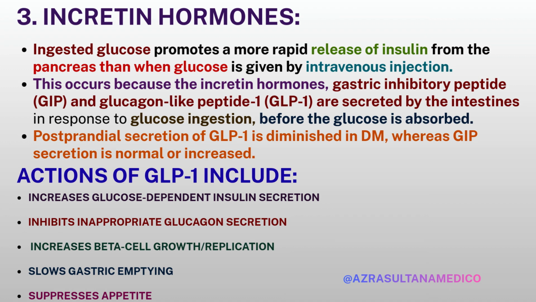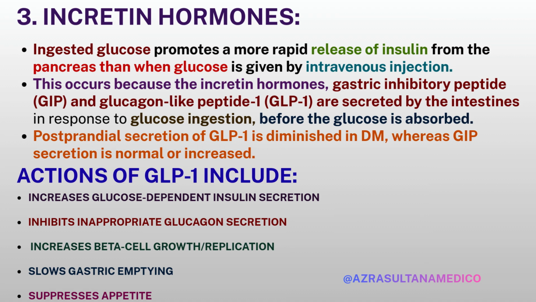The two main incretin hormones are gastric inhibitory peptide, GIP, also known as glucose-dependent insulinotropic polypeptide, and glucagon-like peptide 1, GLP-1. These hormones are secreted in response to nutrient ingestion and act on the pancreas to enhance insulin secretion in a glucose-dependent manner.